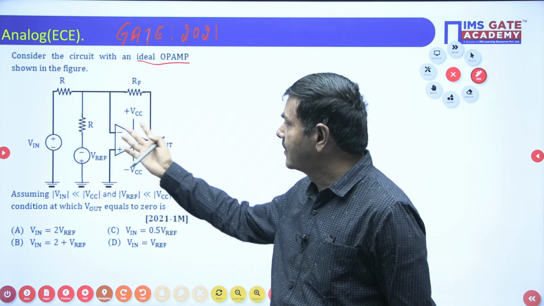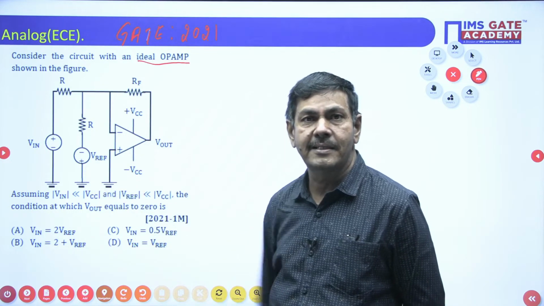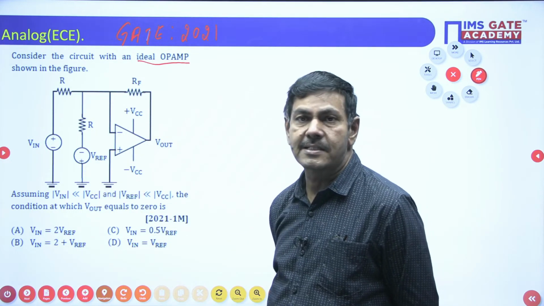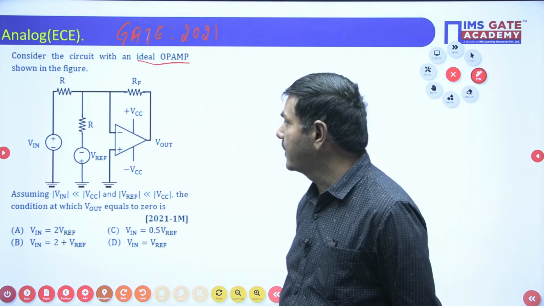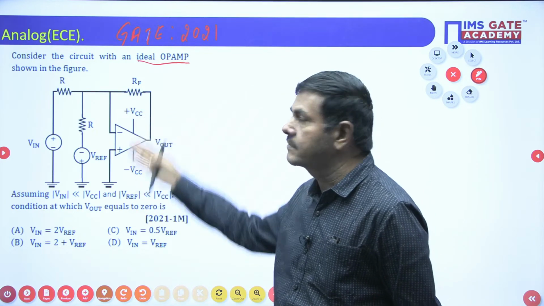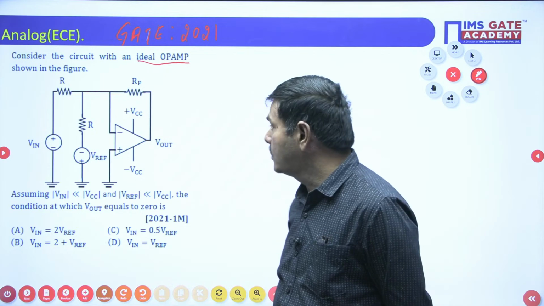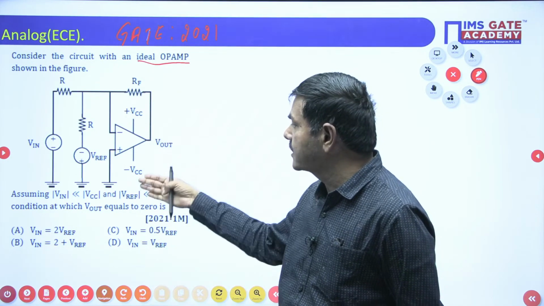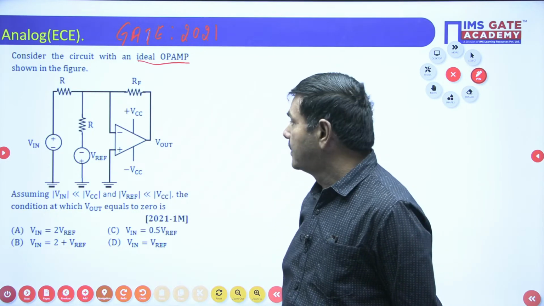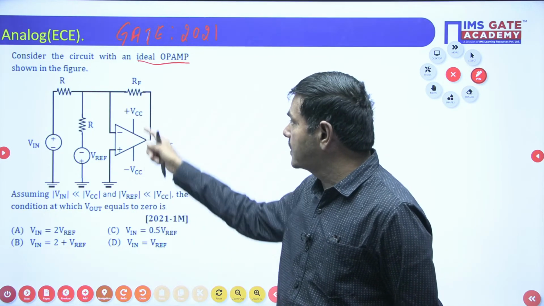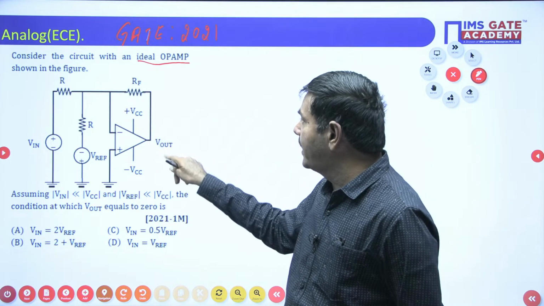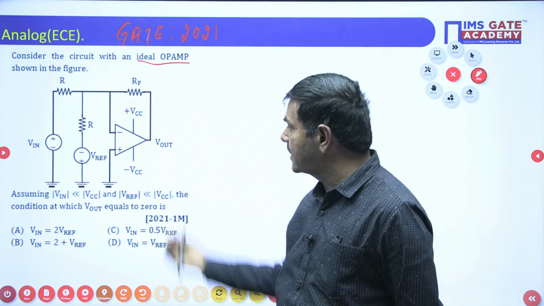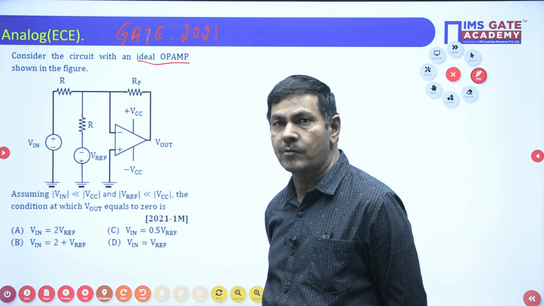The op-amp has transistors internally, and they must be biased. That's why we use plus VCC and minus VCC here. Anyhow, the output voltage must be within the range of plus VCC and minus VCC. These biasing voltages will not allow the output voltage to be more than plus VCC or less than minus VCC.